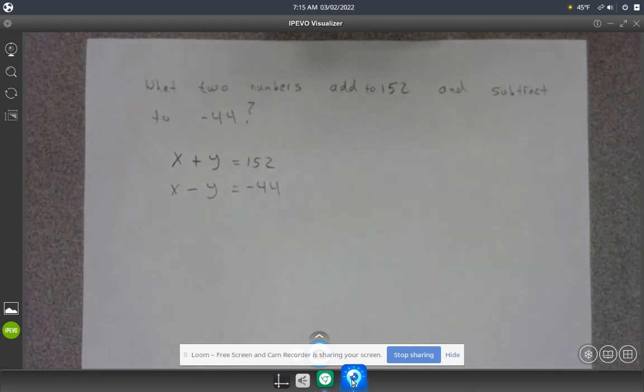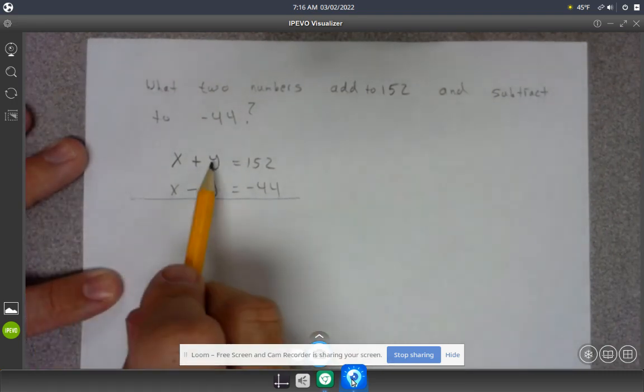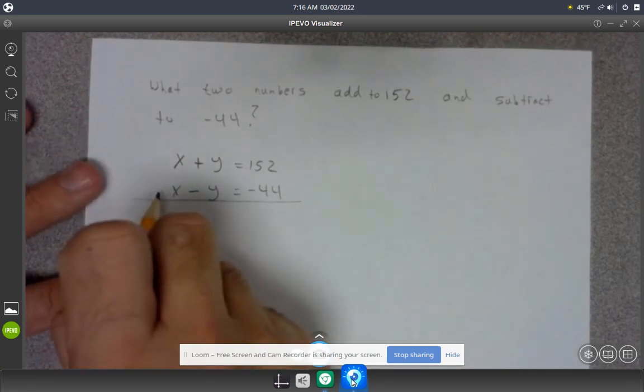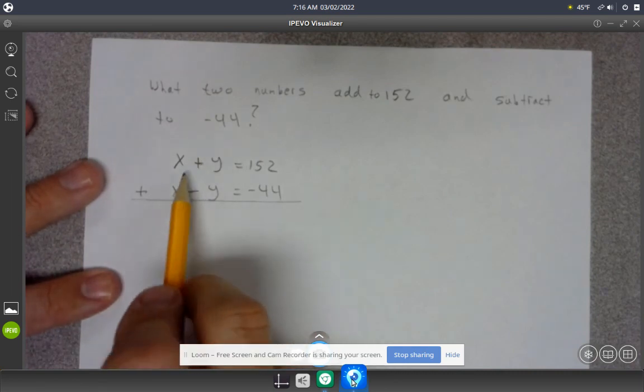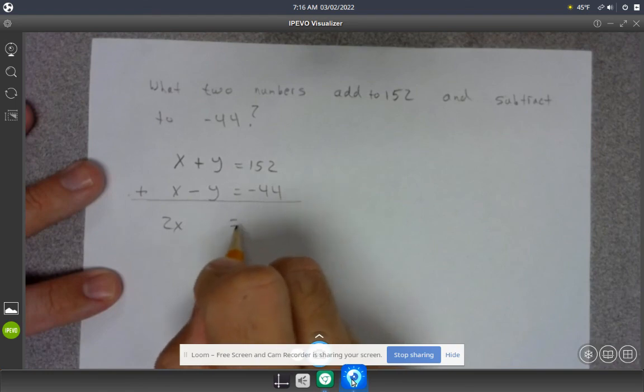So in this one, I have both of them ready and set up to either add or subtract. If I add these two equations, it will cancel out the y's. If I subtract them, it'll cancel out the x's. So I'm going to go ahead and add them. I feel like that's always easier. So x plus x will give me 2x.